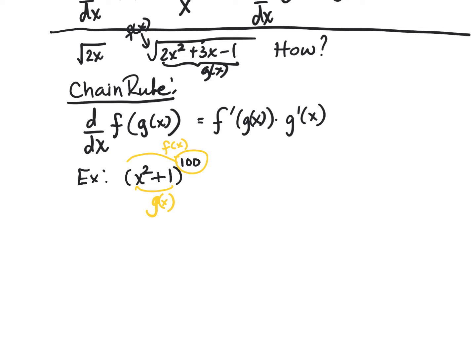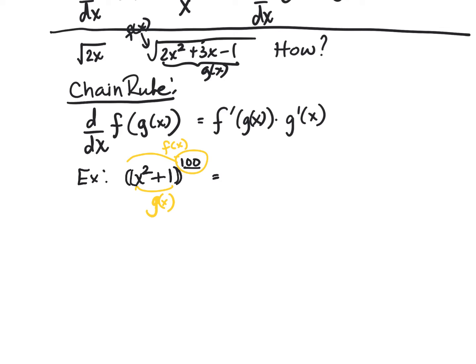This is a function that would be derivable inside something else. You can't just raise both terms to the 100 power, and you wouldn't want to have to expand this out. There is no way.